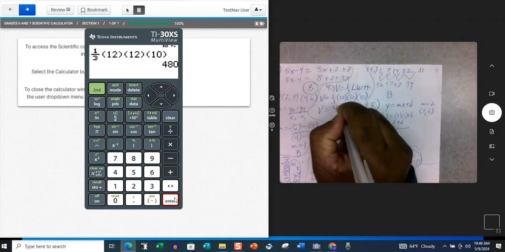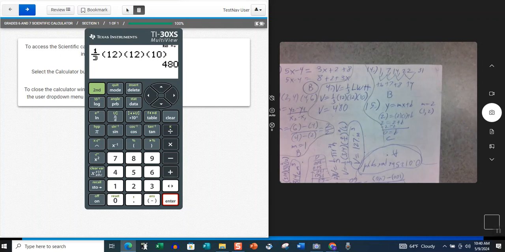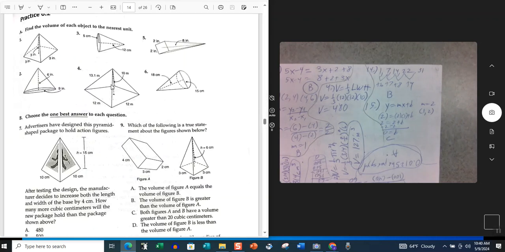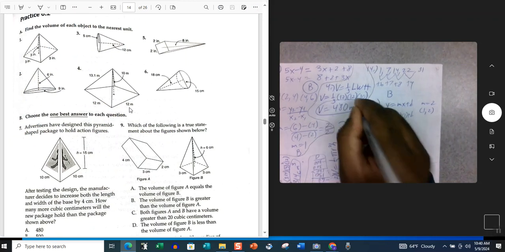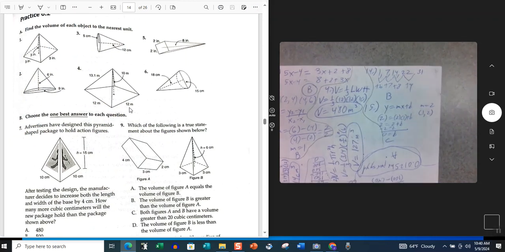So it's 480, and let's see what the units are. The units are meters, so it'd be cubic meters. So that would be our answer for number 4.